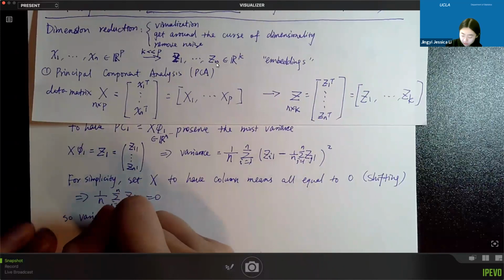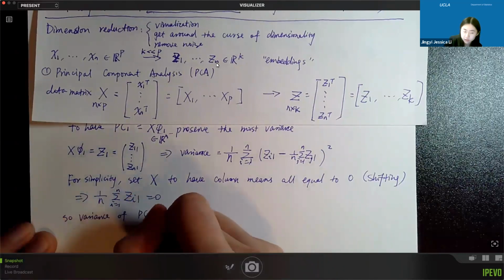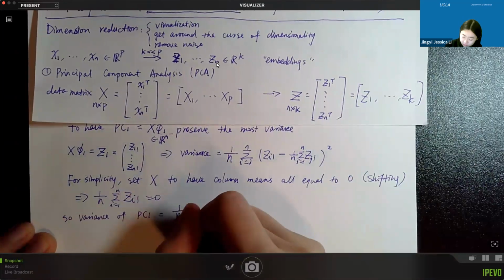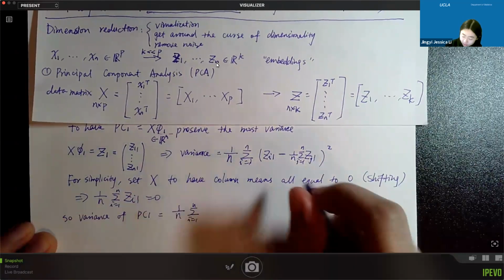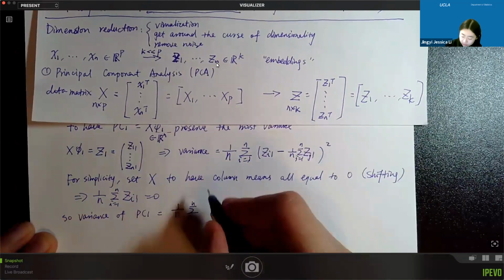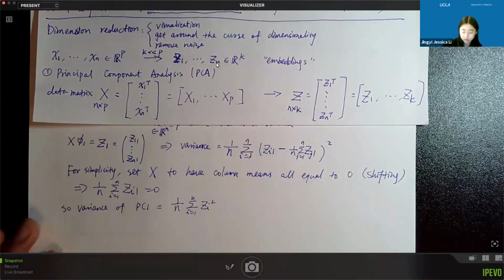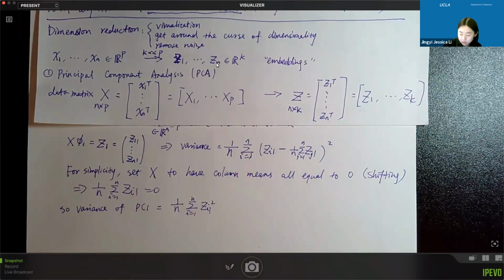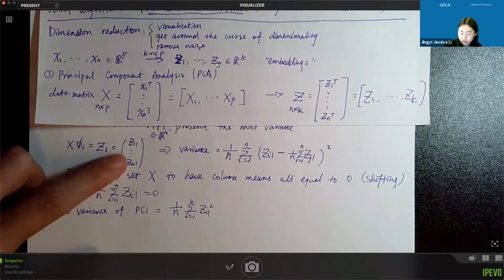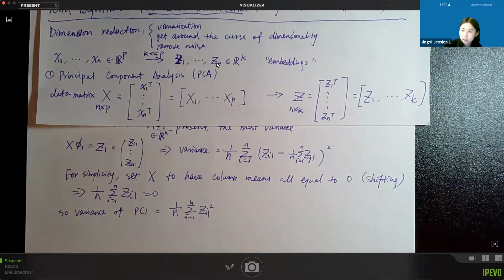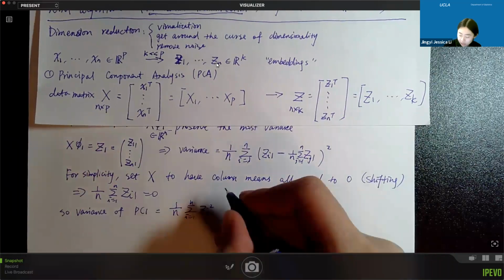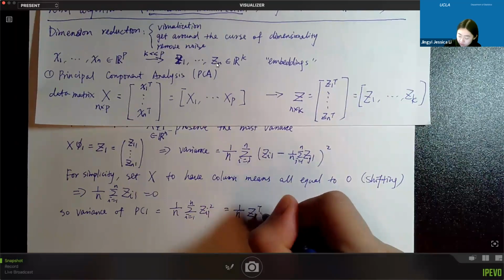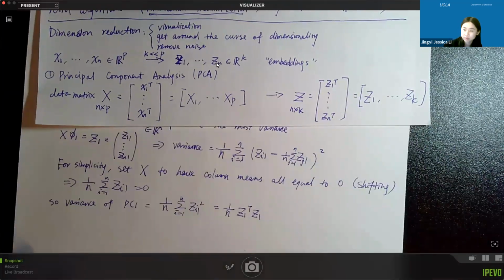So the variance of the first PC becomes just 1 over n summation i from 1 to n. This becomes 0, so I have zi1 squared. And what is this? I'm squaring each entry here, that's basically the inner product of z1 with itself. So this is equal to 1 over n z1 transpose z1, the transpose times itself.